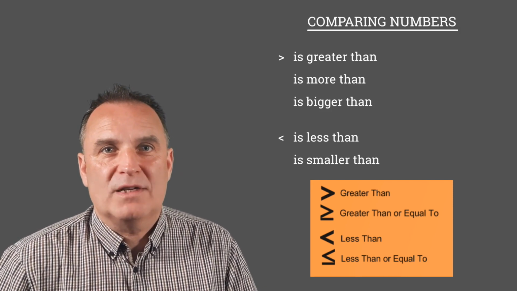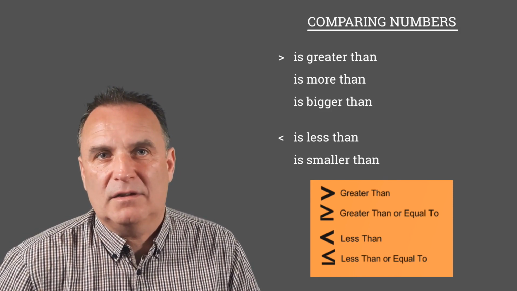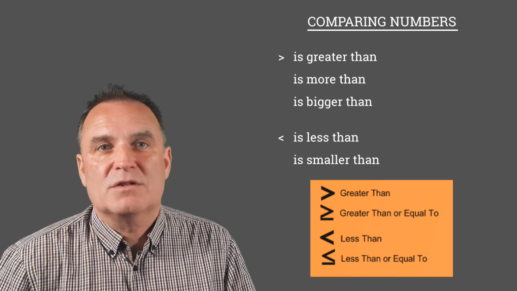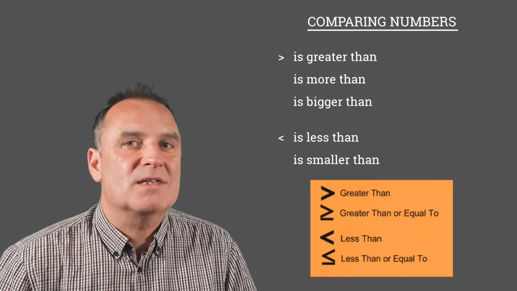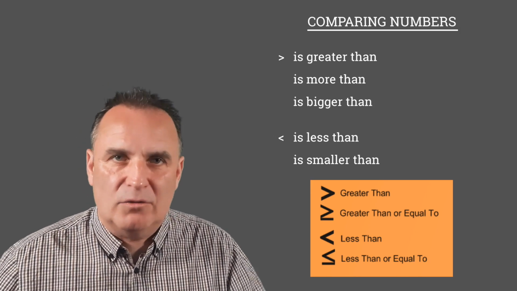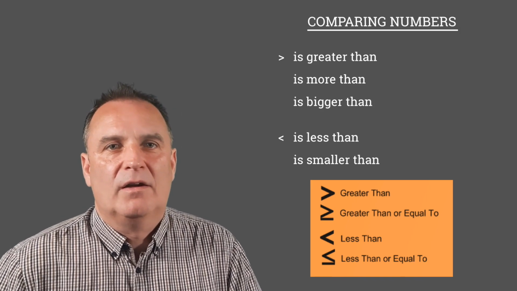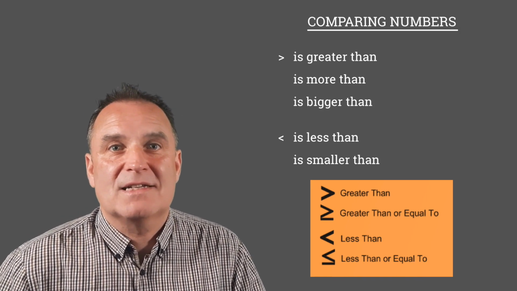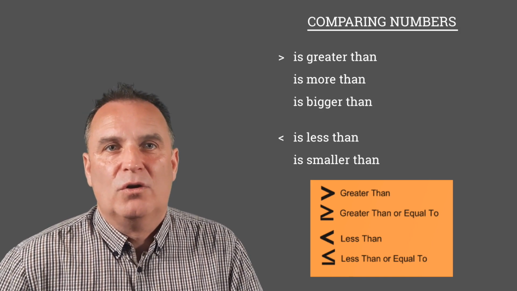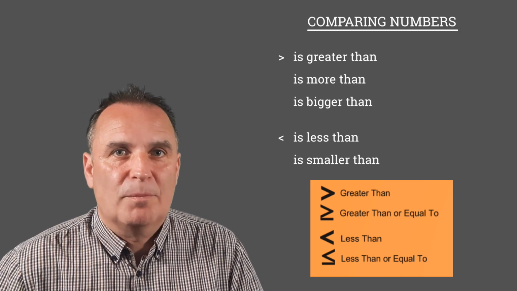So 5 plus 4 is greater than 2 plus 6, or it's more than 2 plus 6, or we can say it's bigger than, I guess, in normal language. And conversely, 2 plus 6 is less than 5 plus 4, or is smaller than 5 plus 4.